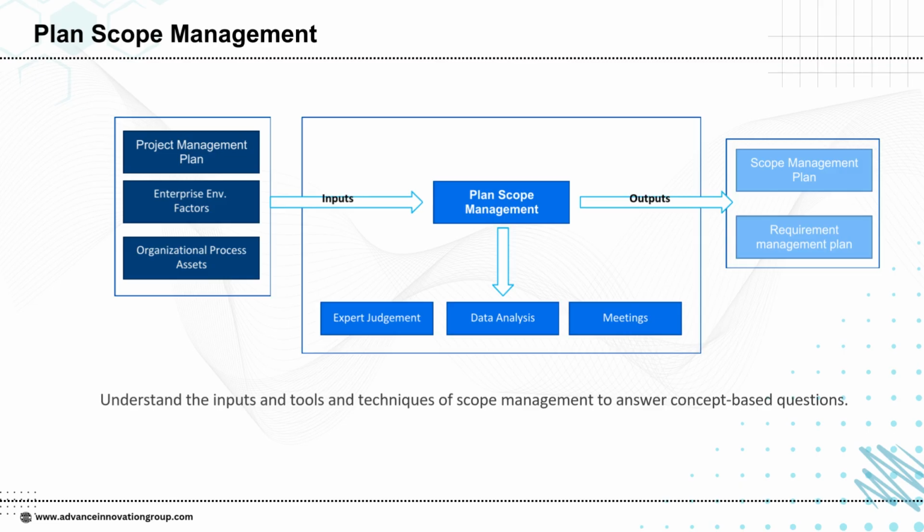The process of plan scope management is then carried out using tools and techniques like expert judgment, data analysis, and meetings, which help in making informed decisions. Finally, the outputs of this process are the scope management plan and the requirements management plan, which clearly guide how scope will be defined, validated, and controlled throughout the project.